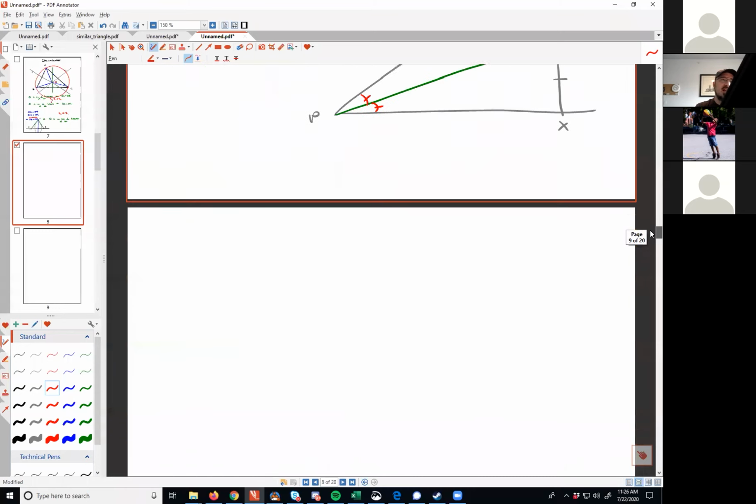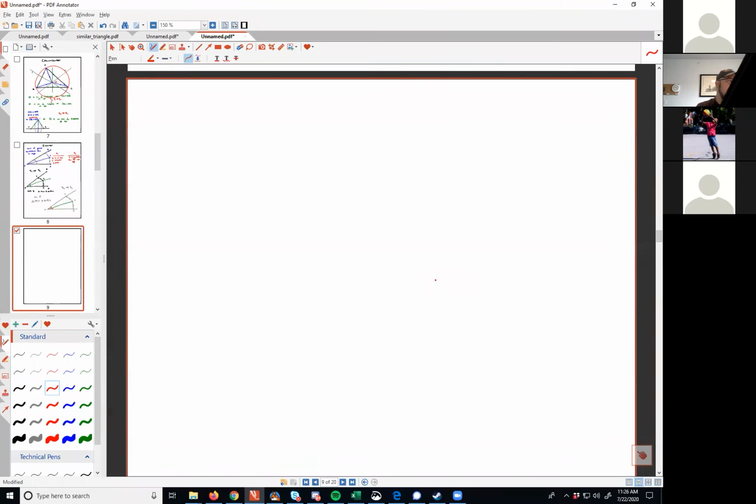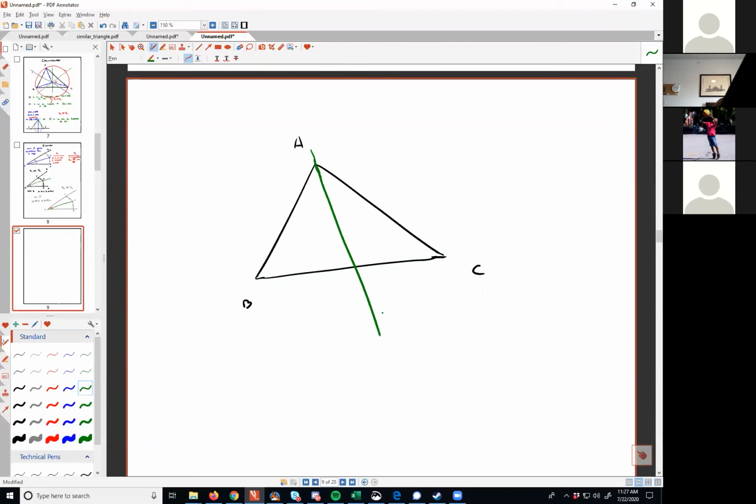And now how does that help us with the incenter? So once again, we'll start with an arbitrary triangle, any old triangle. And once again, we're going to start with two rays. We're going to start with two lines. We can go past the point if we want.